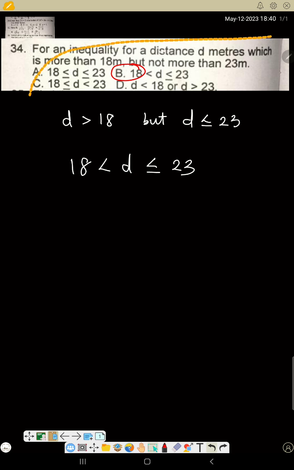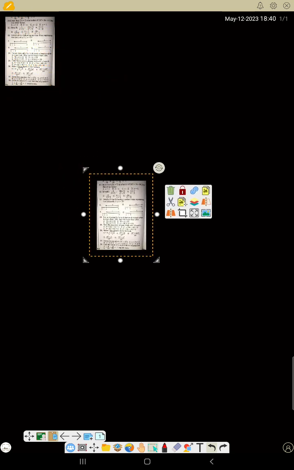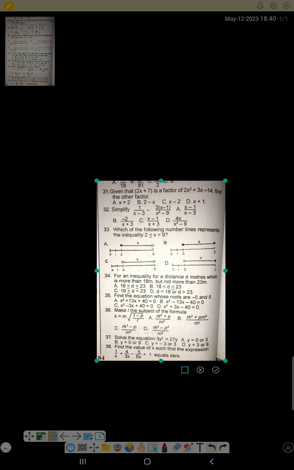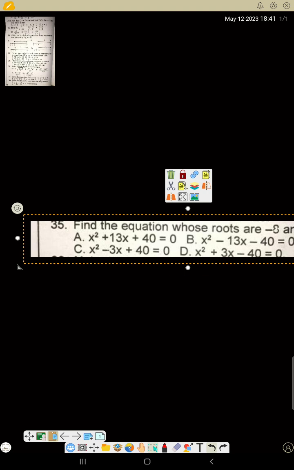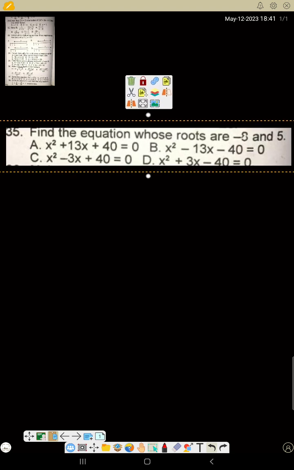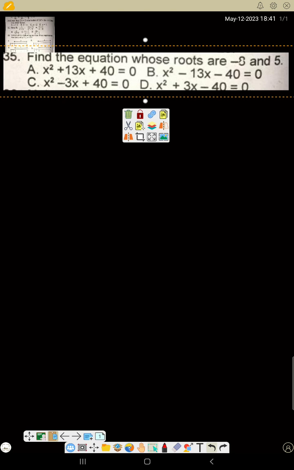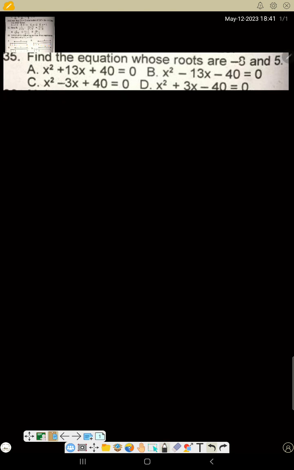So let's see another number. That's 5. So find the equation whose roots are given, whose roots are minus 8.